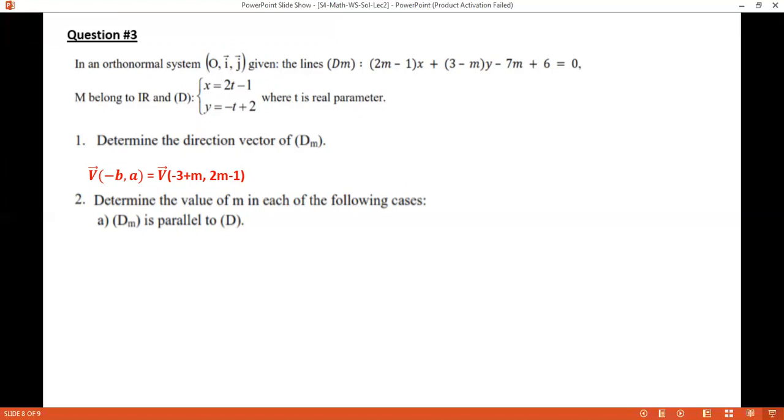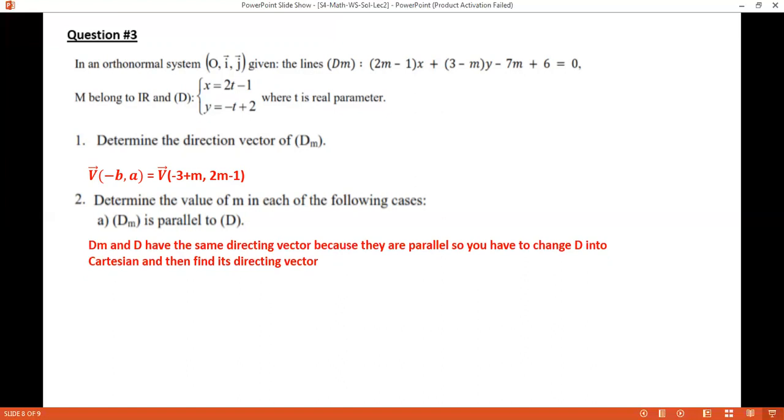If DM is parallel to D, then they have the same directing vector, but you should first convert D into Cartesian form and then find its directing vector, because D is in the parametric form and DM is in the Cartesian form. So the first step you have to do is to change D into Cartesian. How? You do t equals (x plus 1) over 2 and t equals y minus 1 plus 2.